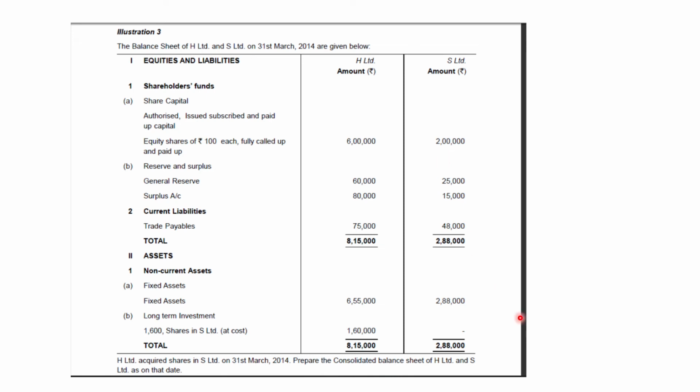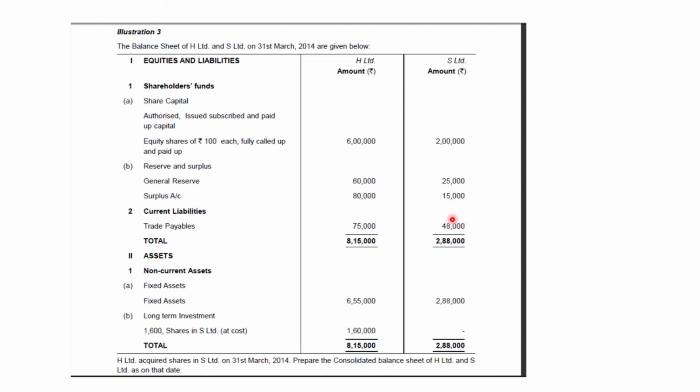So what shall we do? First of all, we will calculate the minority interest. So for calculating minority interest, we shall calculate the net asset of the subsidiary company. Total assets of subsidiary company are 2,88,000 and the outside liabilities are 48,000.